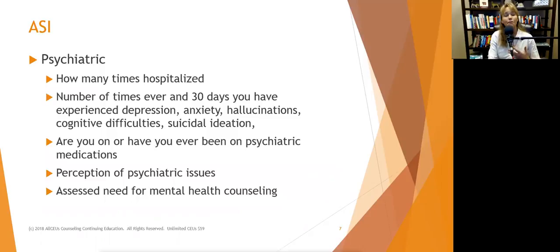And we want to separate hallucinations that are drug-induced from hallucinations that are not, because that can also indicate that there may be some early onset dementia, there may be some alcohol-related dementia. There could be a lot of reasons. Parkinson's also, sometimes people with Parkinson's have hallucinations. So it's important to be aware of these things that may need to be addressed. Are you on or have you ever been on psychiatric meds?